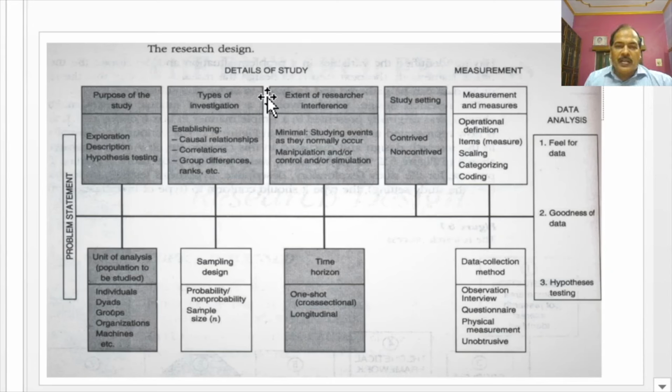Another part is to what extent the researcher interferes in the process of the research, and based on that it will depend what type of environmental setting there will be for conducting the research.